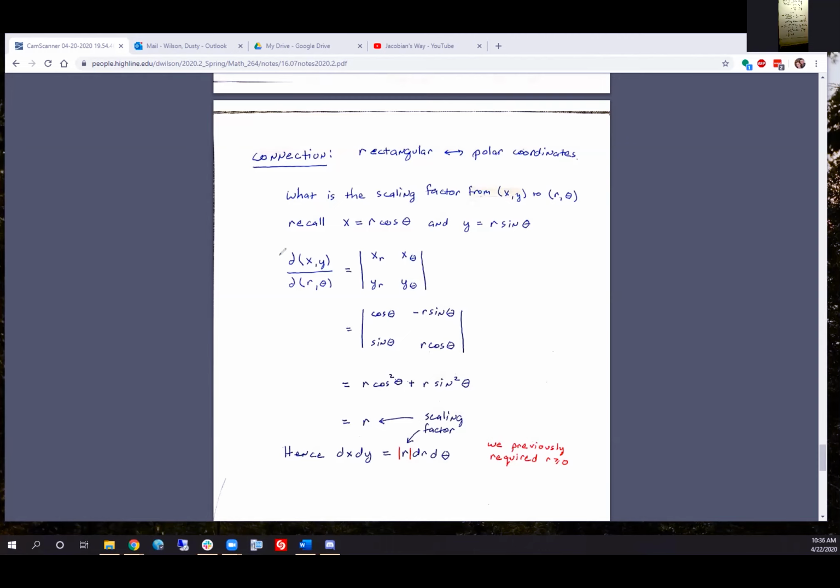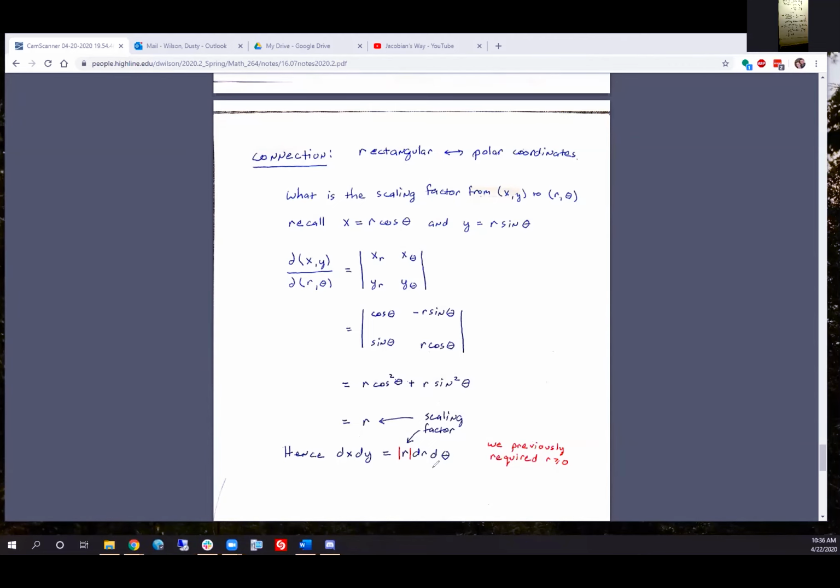So the Jacobian would be the Jacobian of xy with respect to r theta. So xr, x theta, yr, y theta. Substitute in all your partial derivatives, and it'll probably shock all of you that the Pythagorean identity sine squared plus cosine squared is going to come in. And we find that our Jacobian ends up being r.